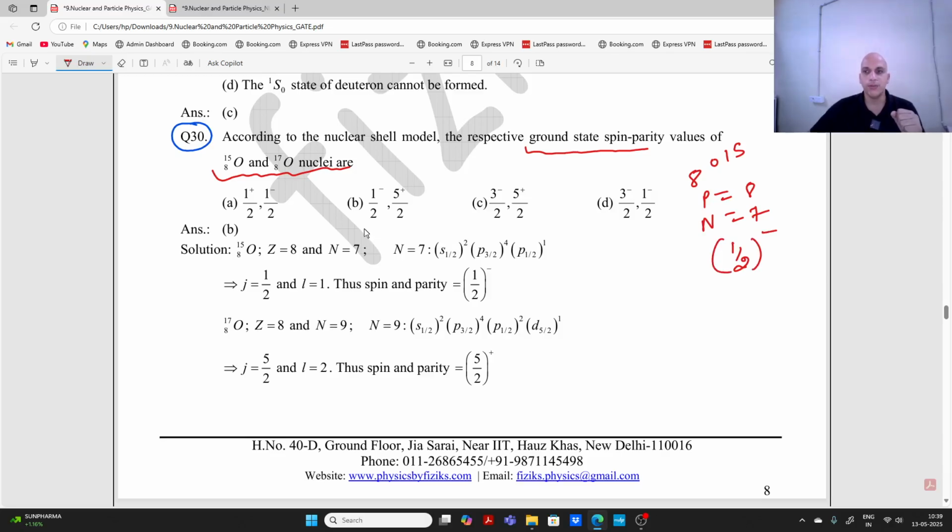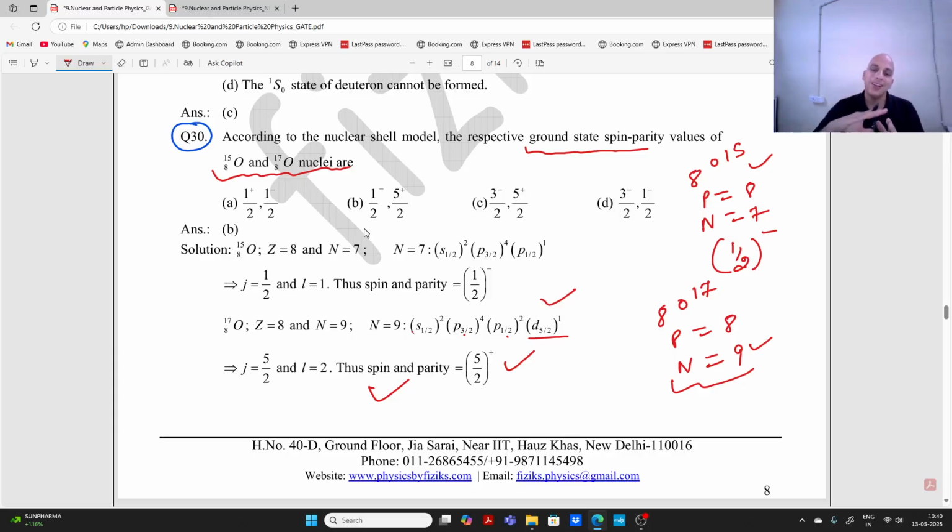So 1/2 negative for this nucleus, and the second nucleus is oxygen 17. So proton is equal to 8, neutron is equal to 9, right? If I write down the configuration for neutron, it will come like this: the same way, 1s, 1p, 1p, and then 1d. The last neutron enters here. So spin and parity of these two nuclei is given here. This is a very simple question. We just have to remember the sequence of the configuration, right?